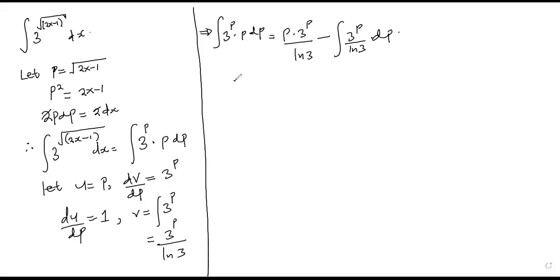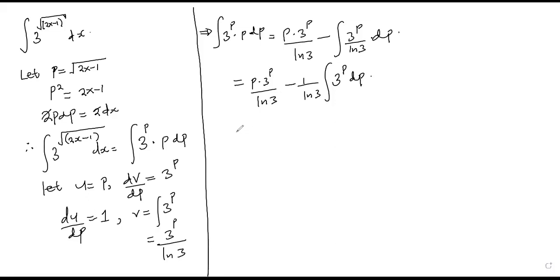So it's going to be equal to p times 3 power p over ln 3, minus, I can move 1 over ln 3, then I say integral of 3 power p dp.